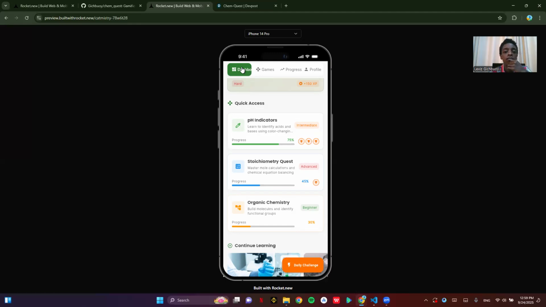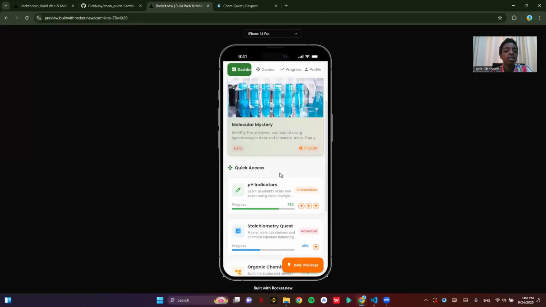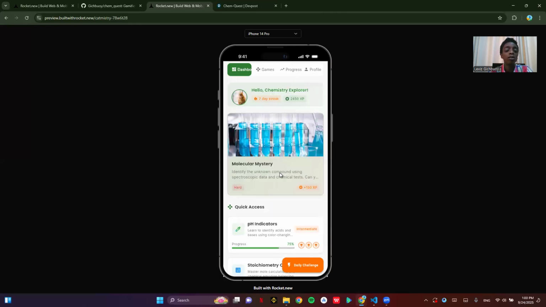What else can I talk about? The future plans of this application. We intend to integrate the AI part to make it more engaging, and also to integrate the teacher dashboard so that the teacher can track the students' progress on their own dashboard.